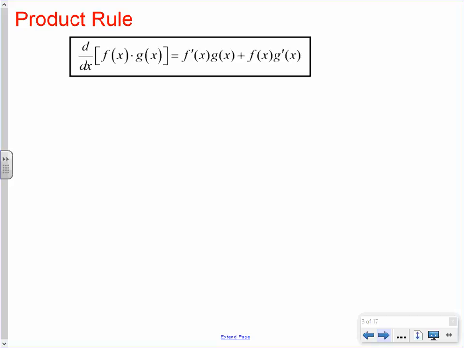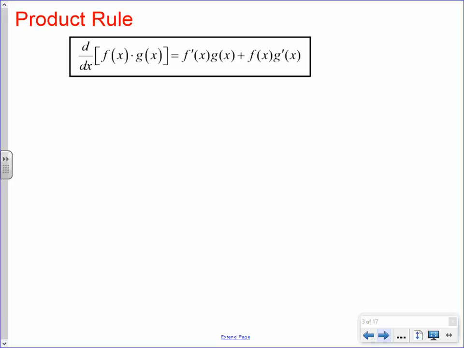Does that make sense? Derivative of the first times the second plus the first times the derivative of the second. Anytime you see a product of 2 functions, you have to use the product rule unless you want to multiply out and then go from there. Okay?